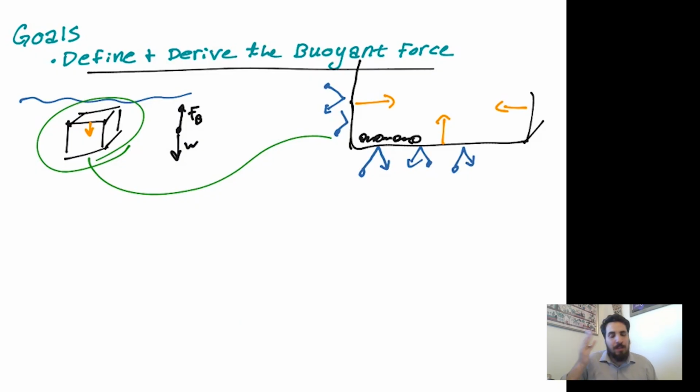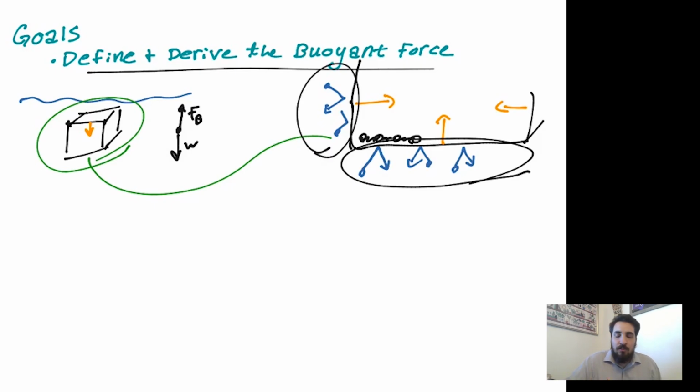Well, we then ask the question, how can we calculate, how can we quantify that force? And to quantify that force, we go back to this idea of pressure. We say the pressure which is acting on the bottom of the cube, well, that's just the hydrostatic pressure from the molecules of water or whatever fluid we're looking at.